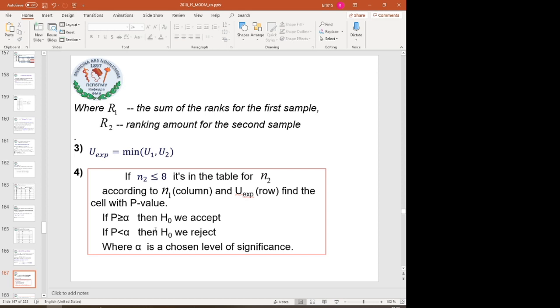So if probability of having these critical values when H0 is true gives us idea that H0 is probably wrong, we reject this hypothesis if p-value is less than alpha, and if p-value is greater than alpha, then we accept null hypothesis.